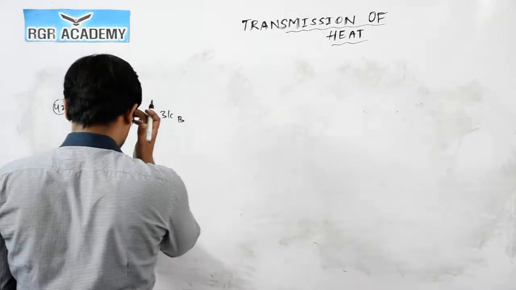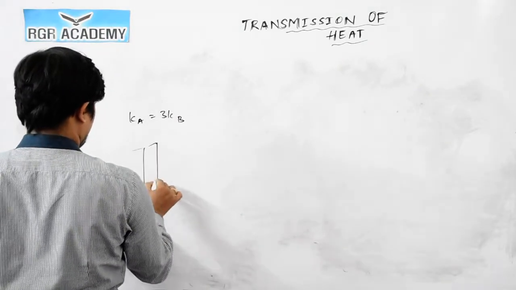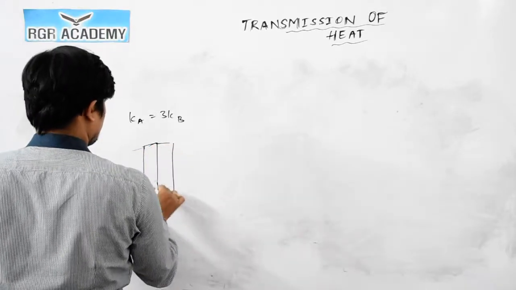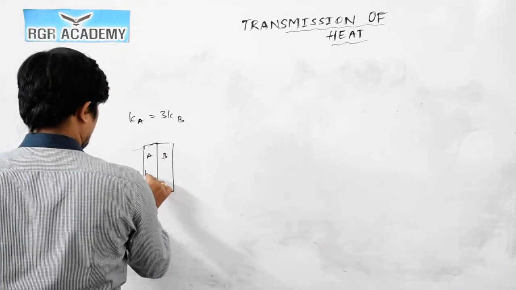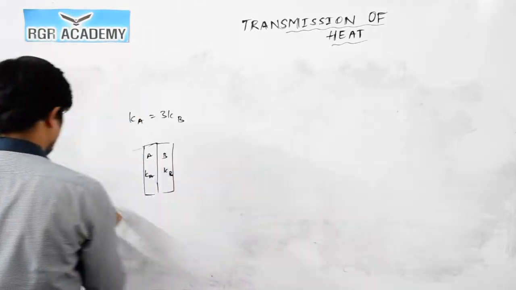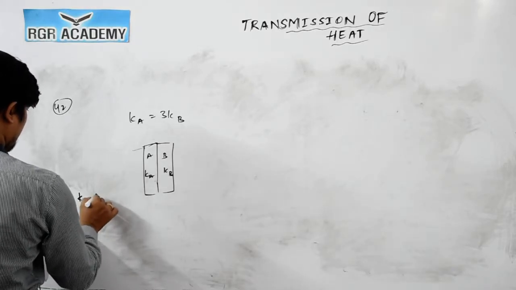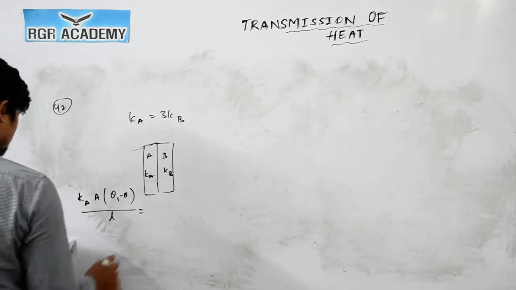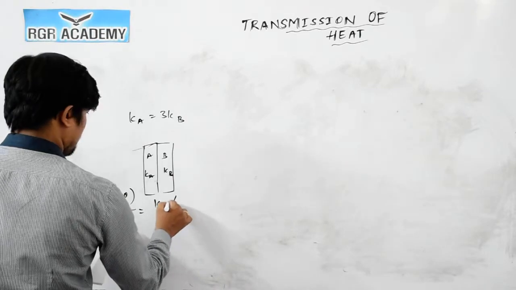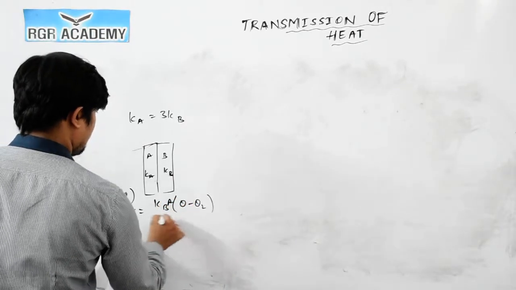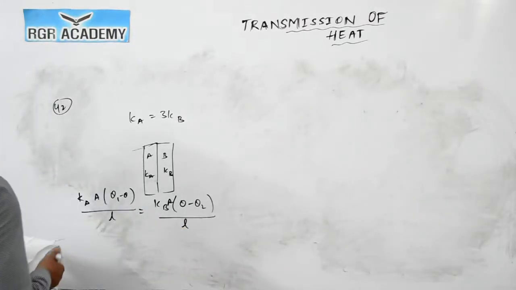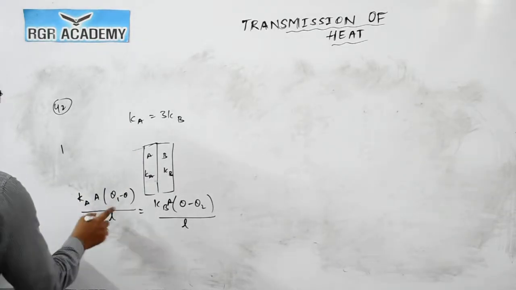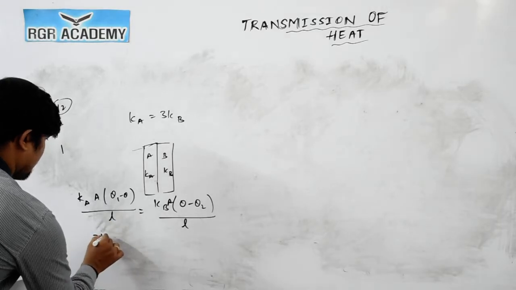We can consider this is A and this one is B, with thermal conductivities Ka and Kb. So the rate of heat flow is Ka into area A times (theta 1 minus theta) divided by thickness L, which equals Kb into A times (theta minus theta 2) divided by L. According to the question, Ka is 3 times Kb, so in place of Ka I can put 3 times Kb.